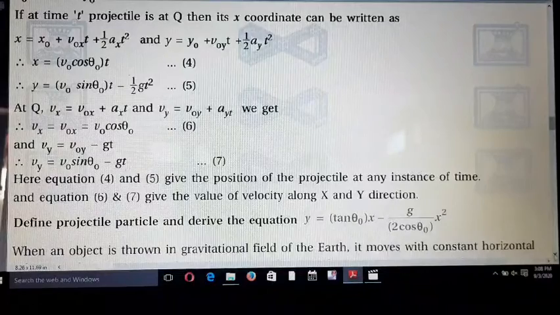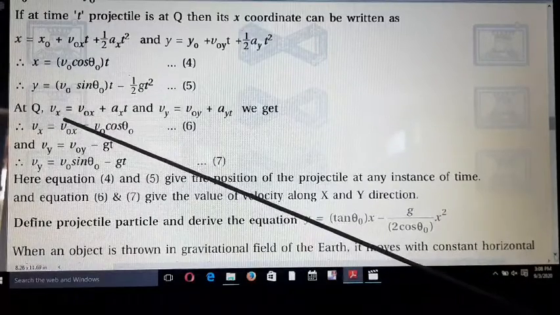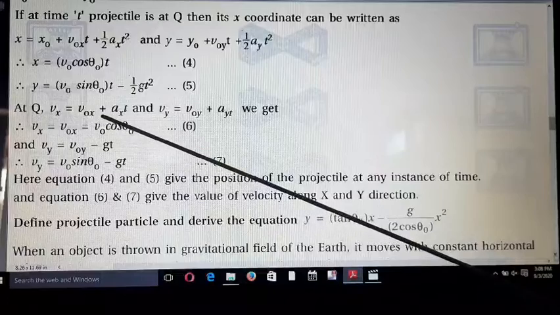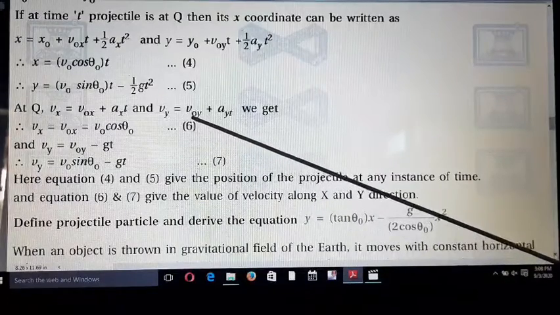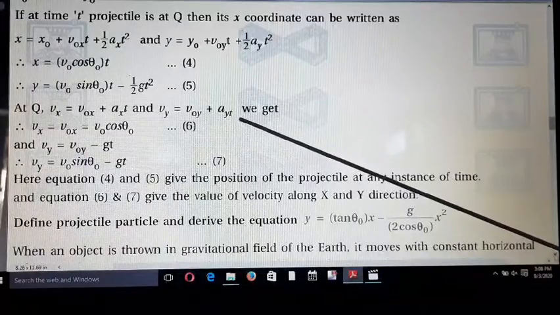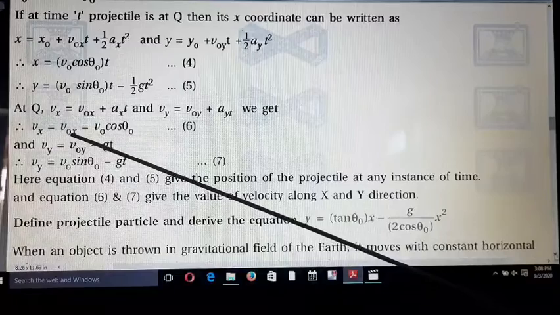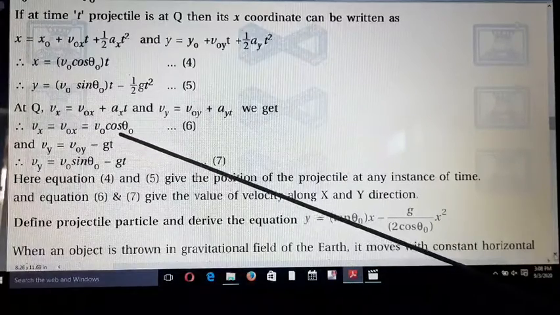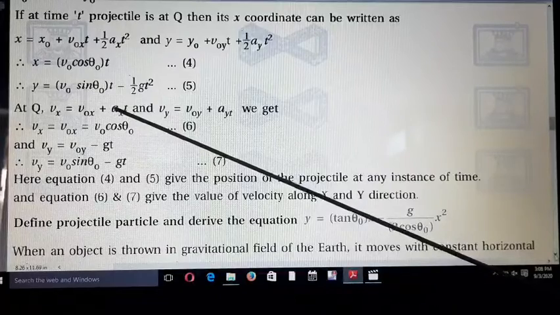In the same way, we can now write the velocity x component and y component. That means vx is equal to v0x plus a_x t and vy is equal to v0y plus a_y t. Here vx is equal to v0x, which is v0 cos theta 0, because a_x is equal to 0, and 0 into t means the total term is 0.